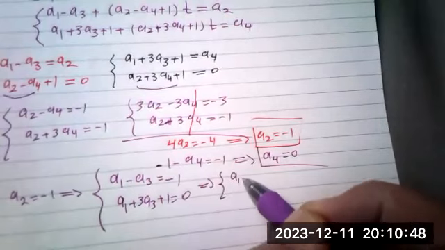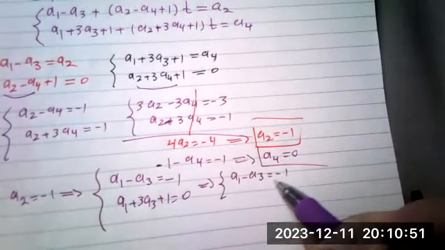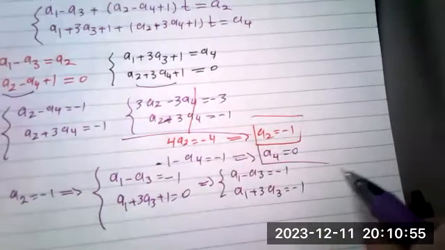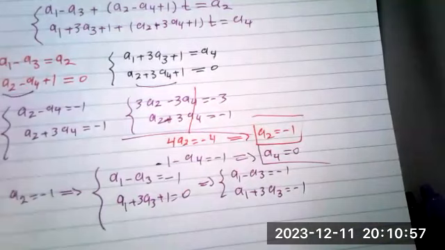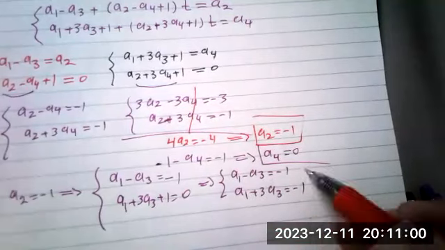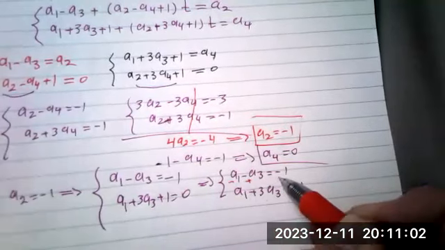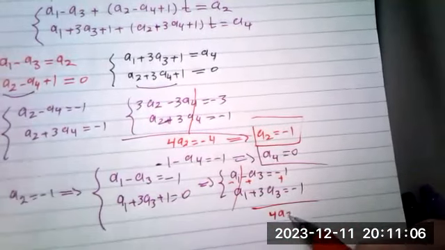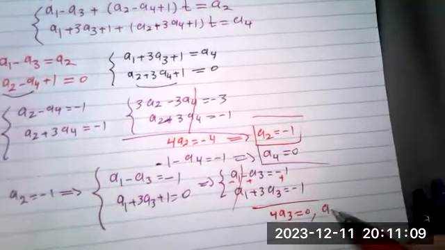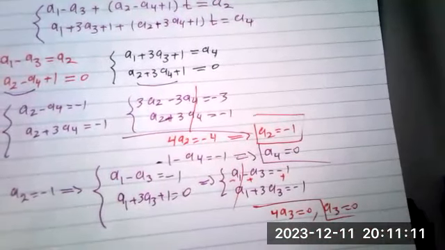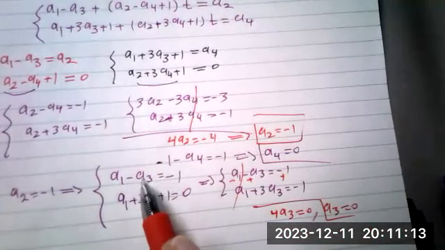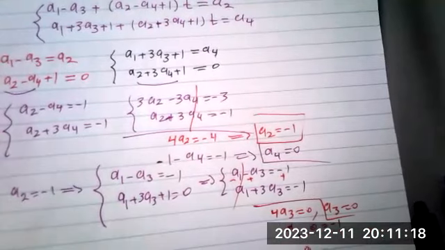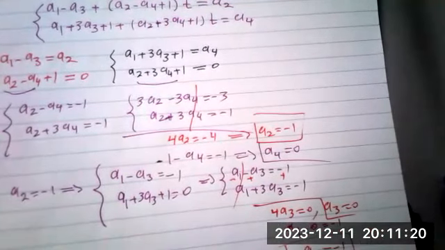We have A1 minus A3 equal to -1, and A1 plus 3A3 equal to -1. So change the signs on one of them, so it's negative, positive, positive. This will cancel out. So that gives 4A3 equal to 0, so A3 would be 0. A3 is 0, substitute here: A1 minus 0 equal to -1. So A1 would be -1.